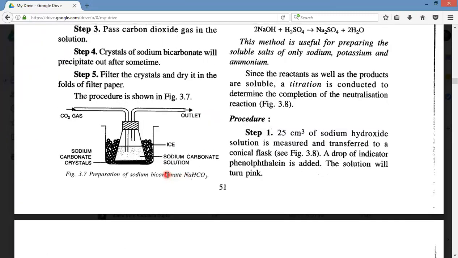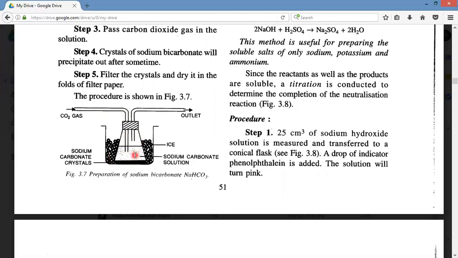In that one, check this diagram properly. In this conical flask, we are taking the sodium carbonate crystal. Carbon dioxide is being injected.